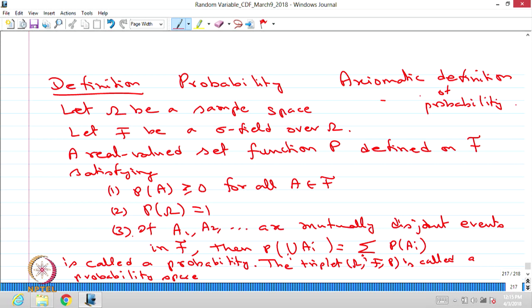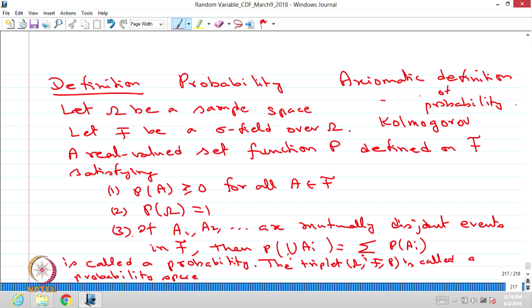This is developed by the probabilist named Kolmogorov. He's a Russian mathematician who contributed quite a lot to probability theory. Therefore, this definition is called Kolmogorov's axiomatic definition of probability.